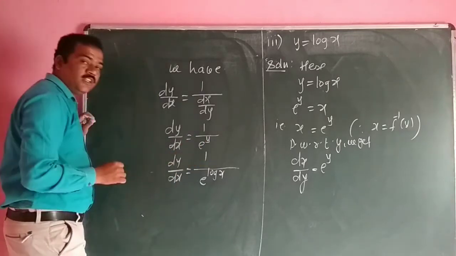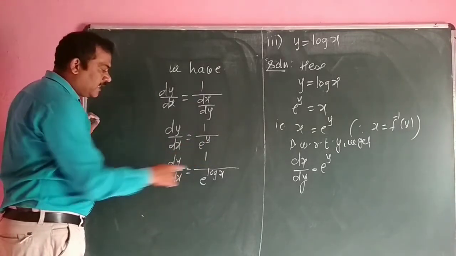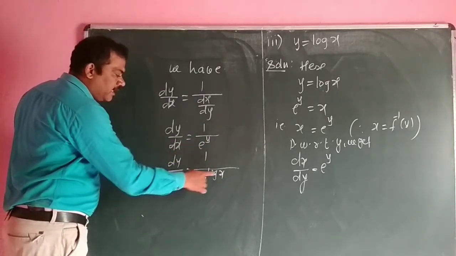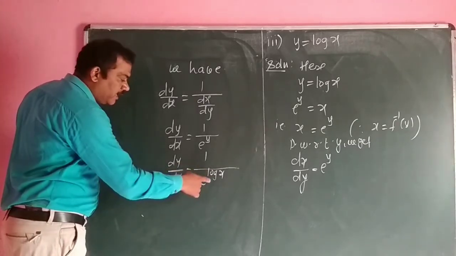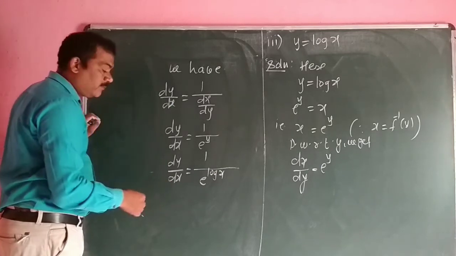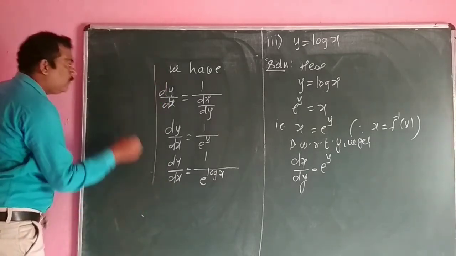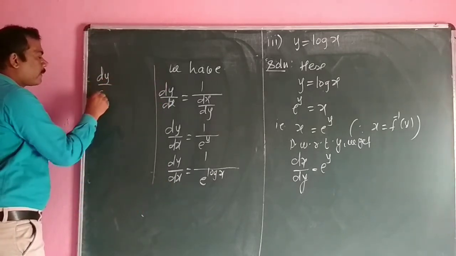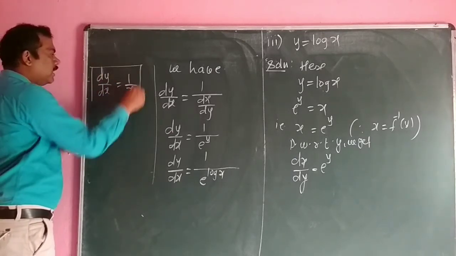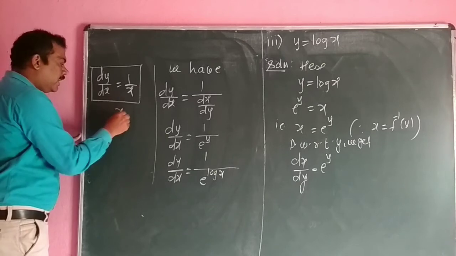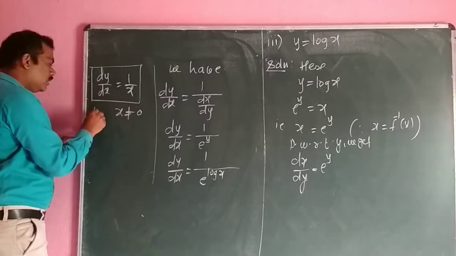We substitute the value of y, that is log of x. E raised to log of x, by using the properties of the logarithm, is nothing but x, so dy by dx is equal to 1 upon x, which is the required answer, with x not equal to 0.